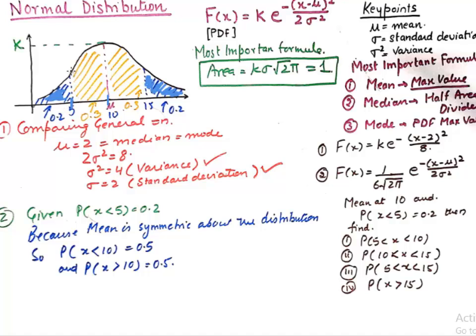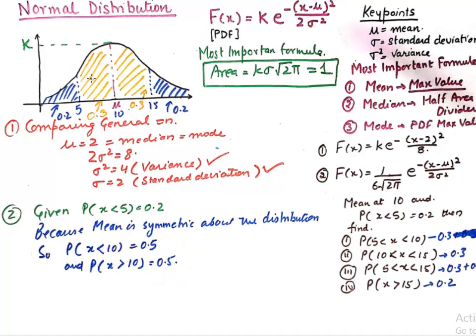So the probability of anything between 5 and 15 is going to be 1 minus 0.2 and this 0.2. Important point, the probability of anything greater than 10 is 0.5, probability of anything less than 10 is 0.5, because the distribution is symmetric about the mean. This portion is 0.3, this portion is 0.2, this portion is 0.3, and this portion is 0.2.